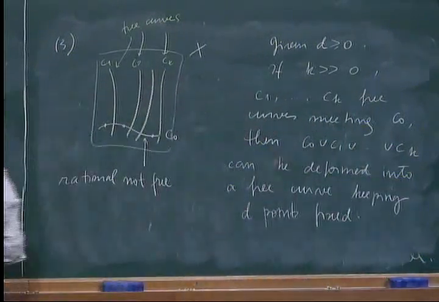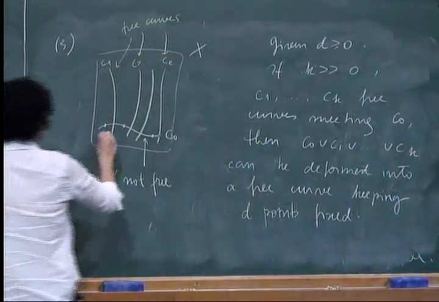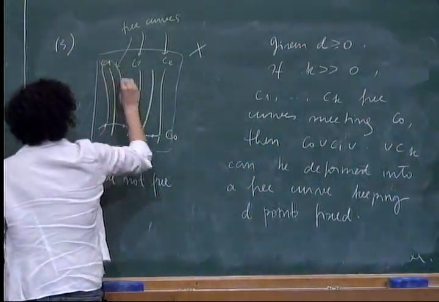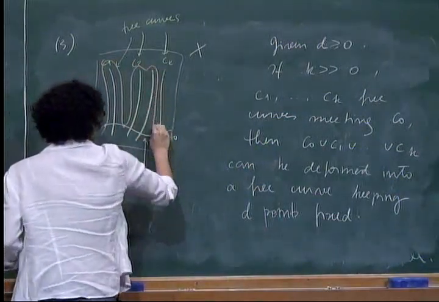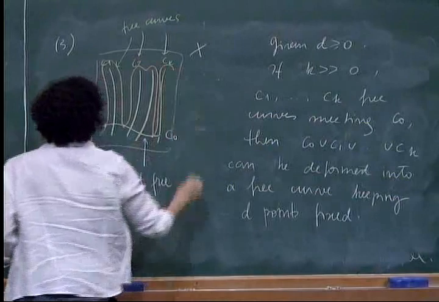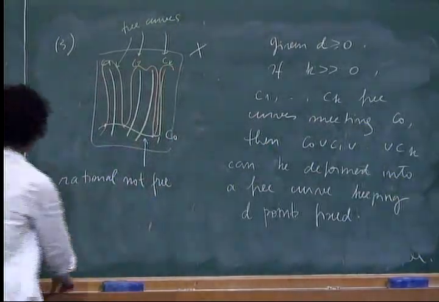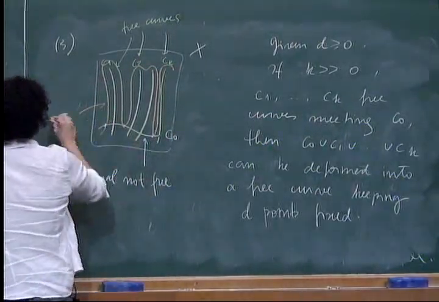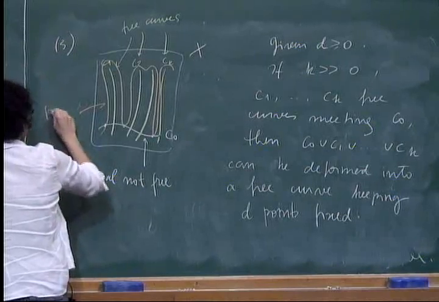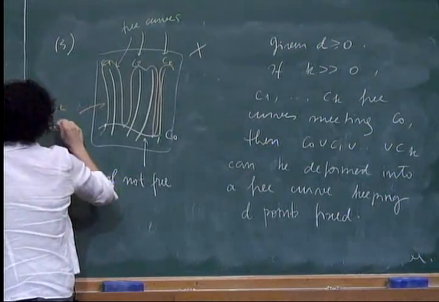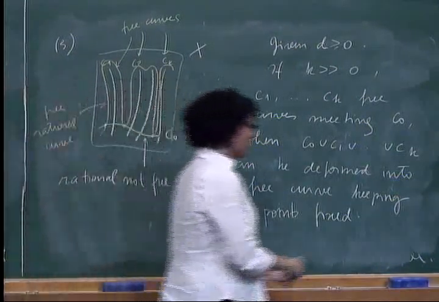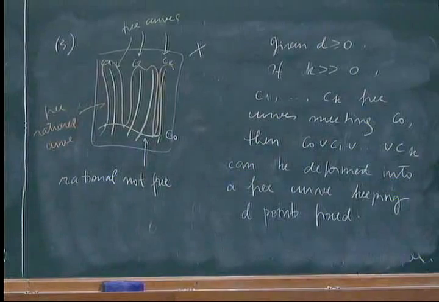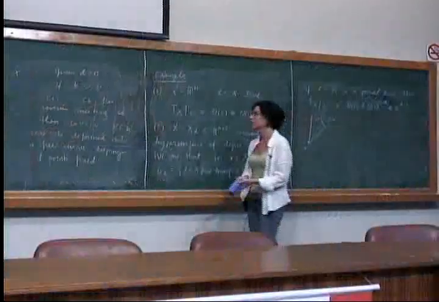So in the end, I deform this union, but keeping these points fixed. So this becomes an irreducible free rational curve. So when you have free curves in a smooth projective variety, they are very useful for doing deformation theory of curves on X.